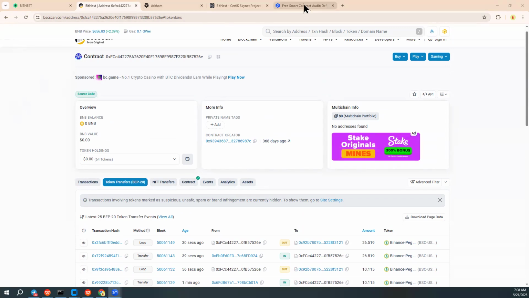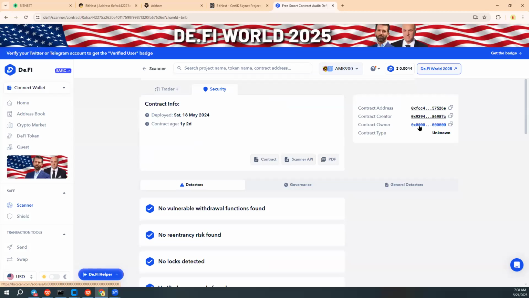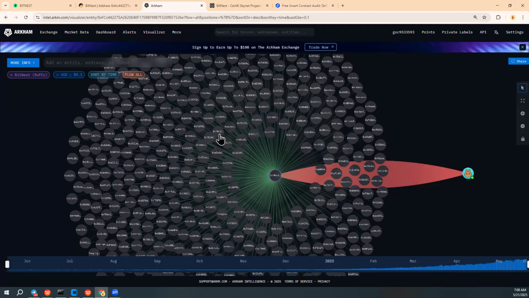Regarding this question, you can see that the contract owner is 0000, which means the contract owner has already forgone the ownership of the contract. So even the trader cannot move all your funds away, because all the funds are in PancakeSwap. There's no way the owner can remove all your funds.